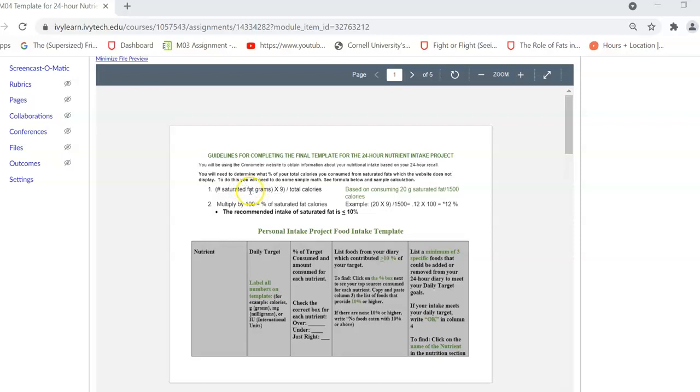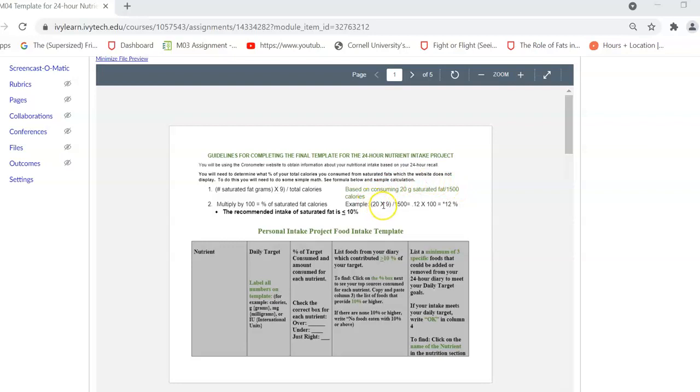So once you do this, you take the saturated grams times 9, divide by your total calories you consumed that day. As you can see, this example is based on consuming 20 grams of saturated fat and a total intake of 1,500 calories.